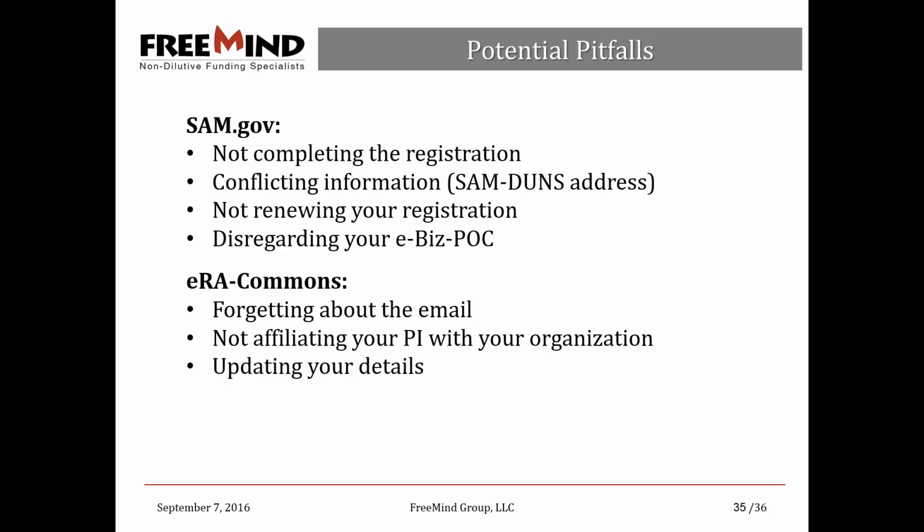And of course, if you want to update your details in ERA Commons, usually you go into a screen that has a lot of information, and you cannot save and update without filling in a lot of the information, and that takes a little bit of time.